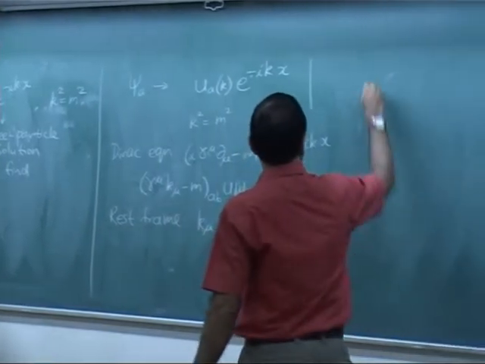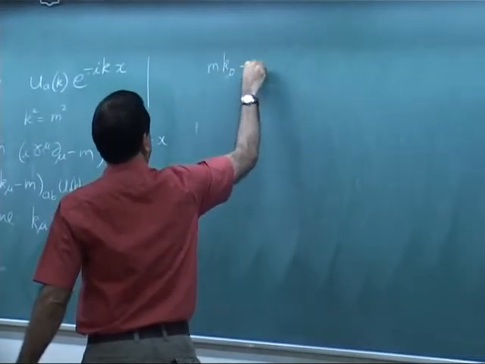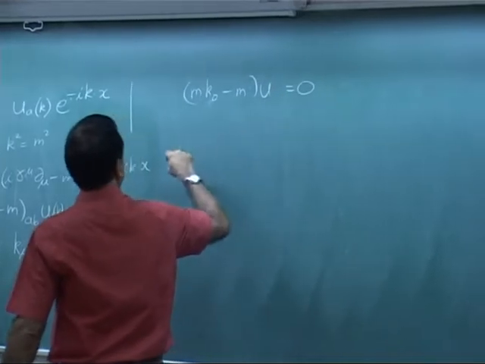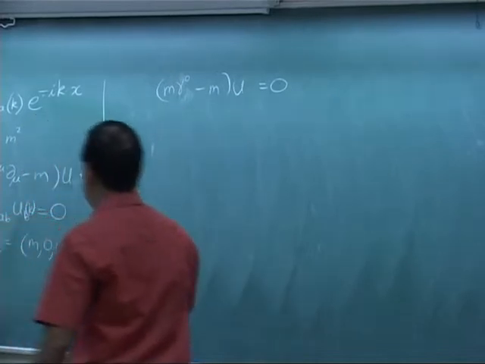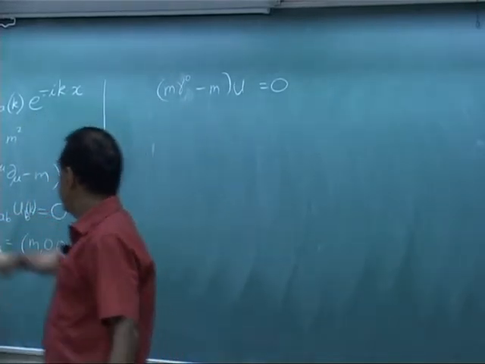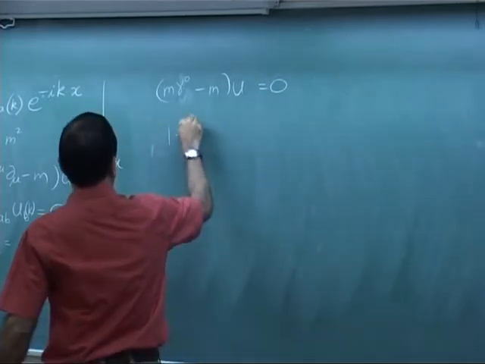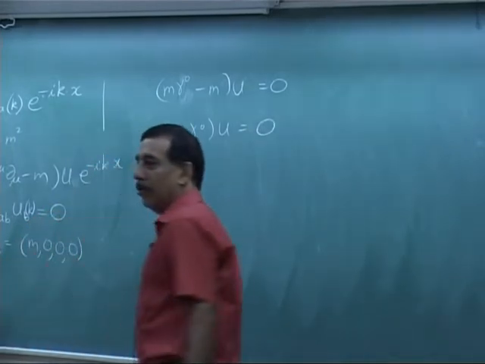So what does that tell me? That m gamma 0 minus m on u equals 0. Sorry, m gamma 0, that's what I meant to write. So gamma 0, k has only a k0 component, which means 1 minus gamma 0 on u equals 0.